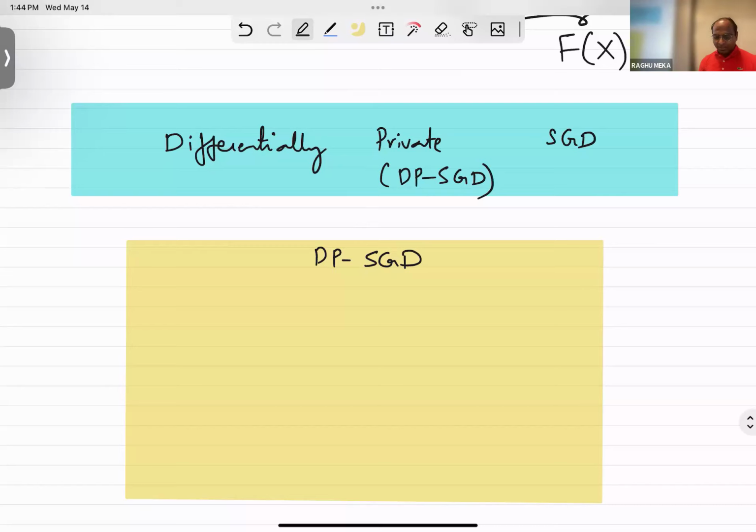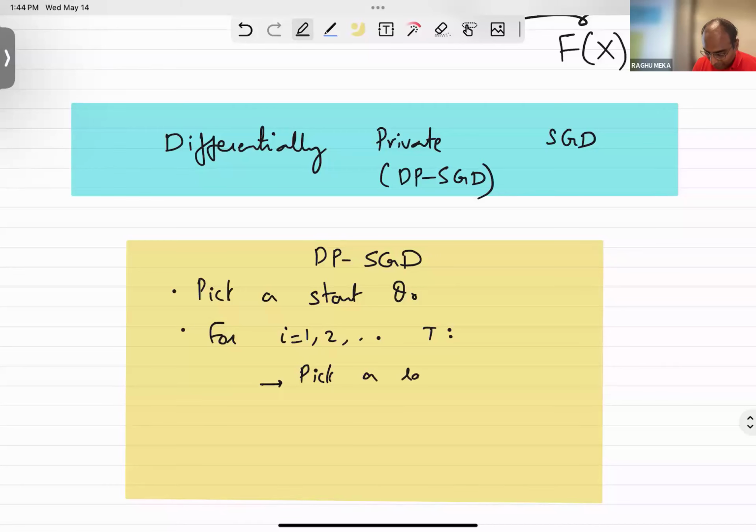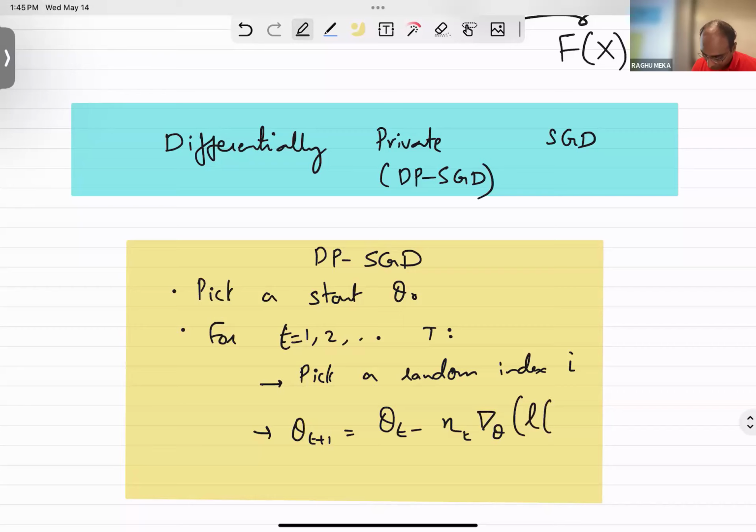Exactly. Right. So what is SGD? You pick a starting point, and then, let's say your batch size is 1, you pick a random index i and you update the gradient. So this is what you do usually.